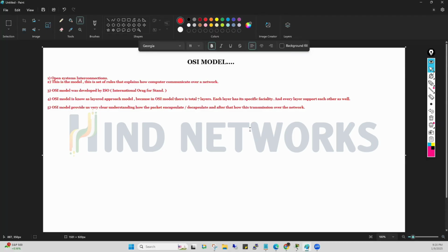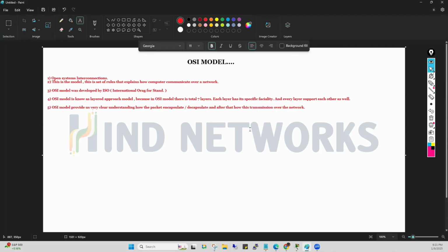Clear? And please remember, every layer's responsibility and function is completely different, and all the layers will support each other. Clear? And point number five: the OSI model provides us a very clear understanding of how our packet is exchanged between sender and receiver and how it travels over the network.